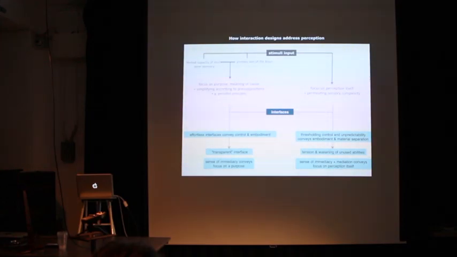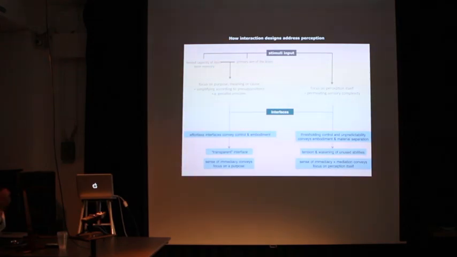With many musical instruments, those where there are thresholds between control and unpredictability, yes, you need the interface to convey embodiment, but in my opinion, also material separation, which makes one dual with the instrument. And this creates a certain tension and awakening of unused abilities.